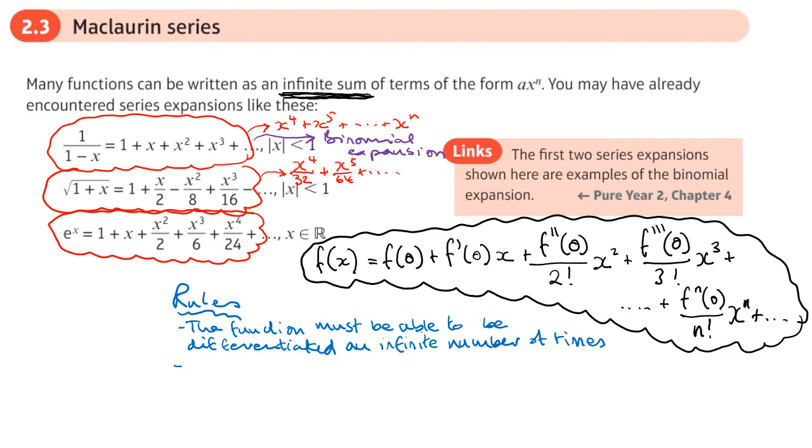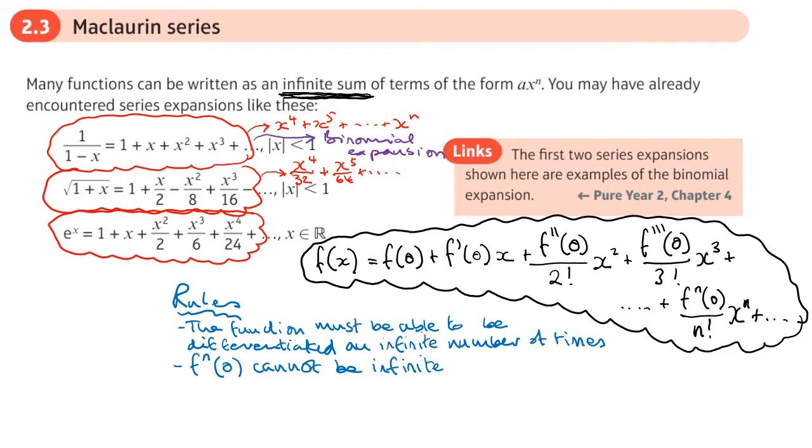In other words, any of the nth derivatives, that could be the first, second, third, fourth, whatever, evaluated at 0 cannot be infinite. It needs to be finite, basically. So you can't end up putting 0 into it and ending up with a math error or something on your calculator.